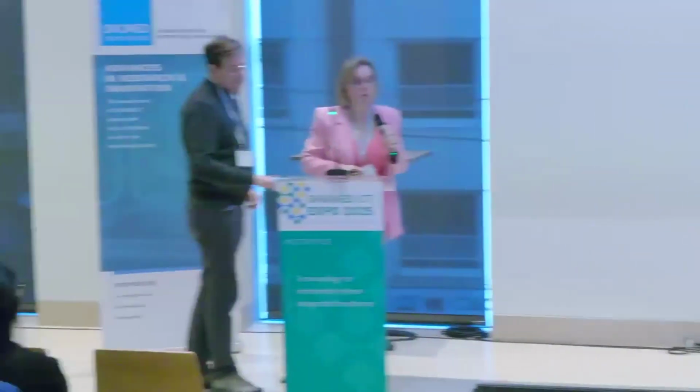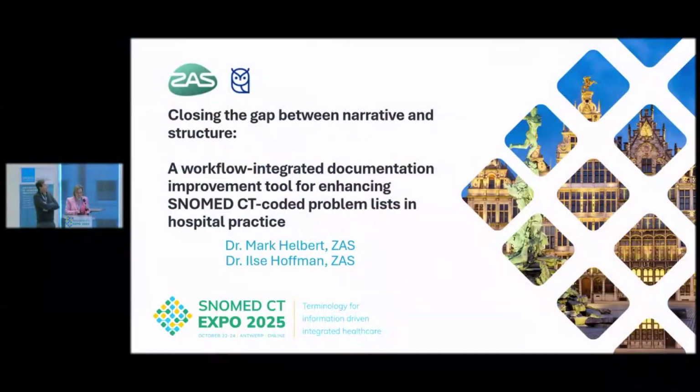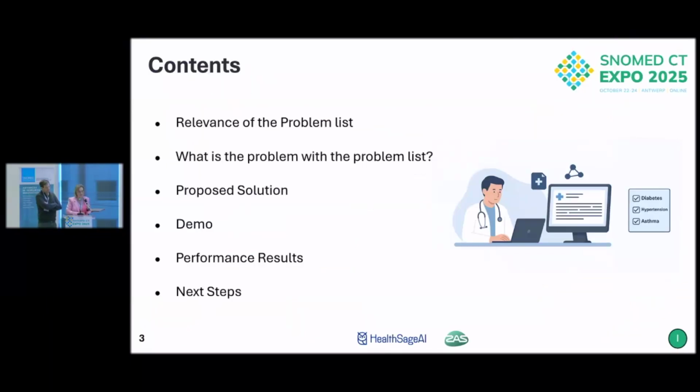Good morning, everyone, and on behalf of SAS, which means Ziekenhuis aan de Stroom, Hospital by the Stream, we'd like to welcome you to our hometown of Antwerp. We're going to present to you today a tool we've made to improve coding, to make a coded problem list in clinical practice.